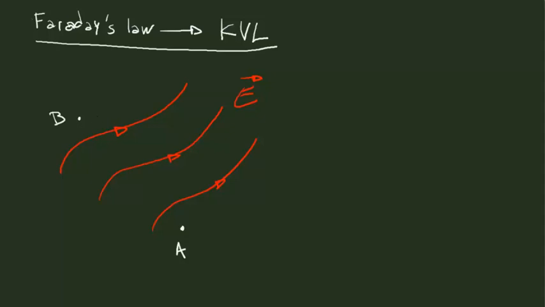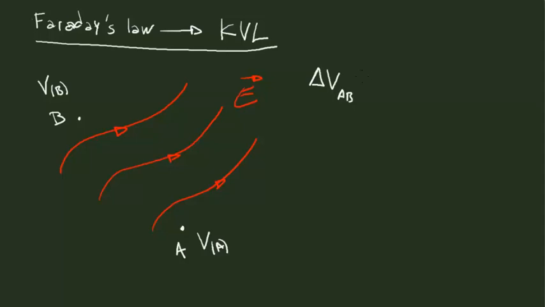Now we know that due to this electric field, point B will be at a certain potential, and there's also a potential at point A. This potential is due to the electric field that is present everywhere. Now we are interested in knowing the difference in potential, the delta V, between point A and point B. Sometimes this is between B and A, it depends how you want to estimate that.